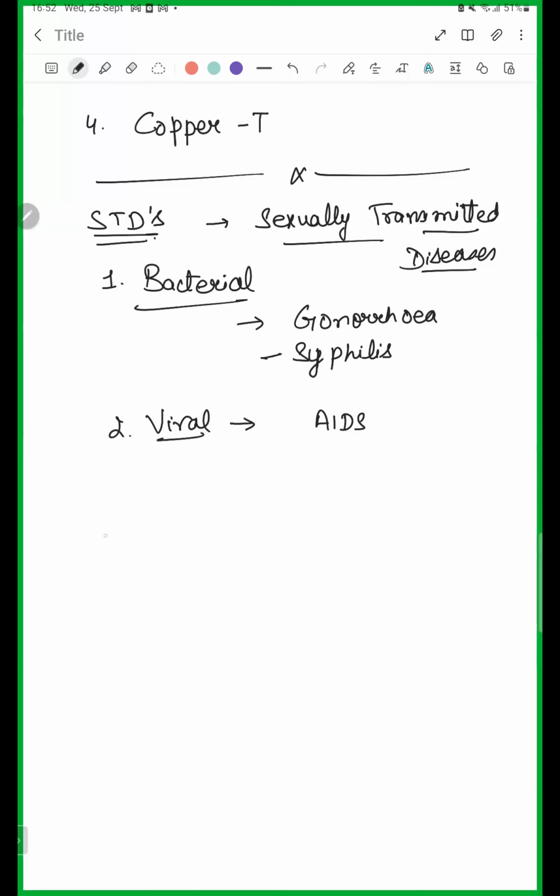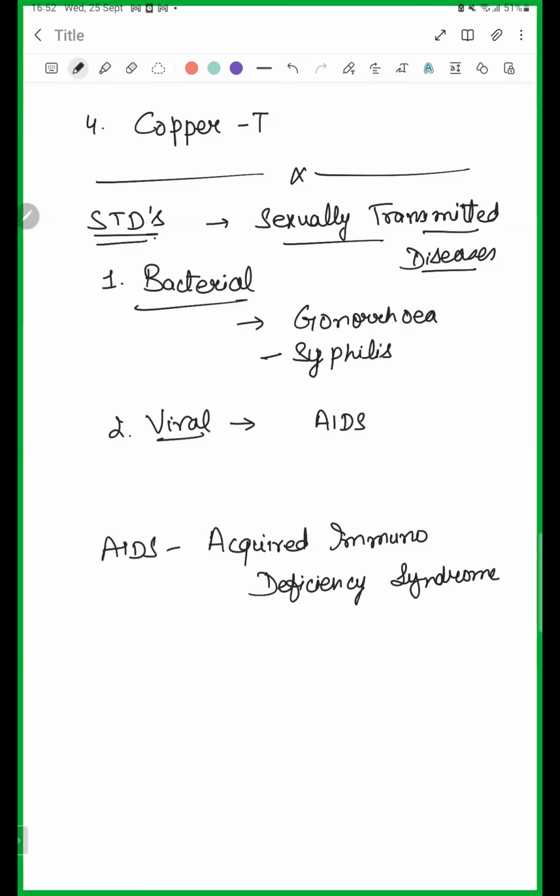What is a syndrome? A syndrome is not just a single disease. Basically, it is a condition in which the immune system becomes deficient, in which the immune system is suppressed.